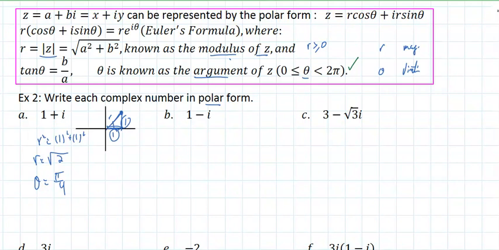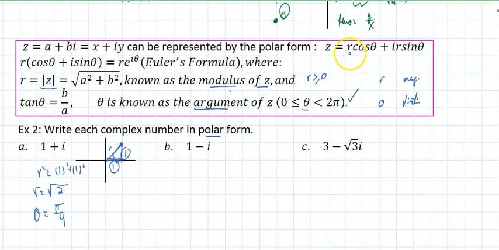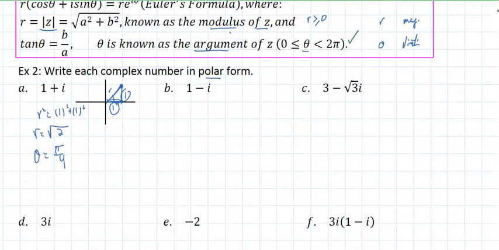So we know that x is going to equal r cosine theta, y is going to equal r sine theta. So we're going to write z equals r, which is radical 2, times the cosine of pi over 4, plus i sine of pi over 4.